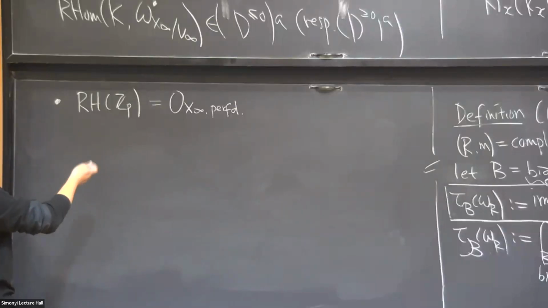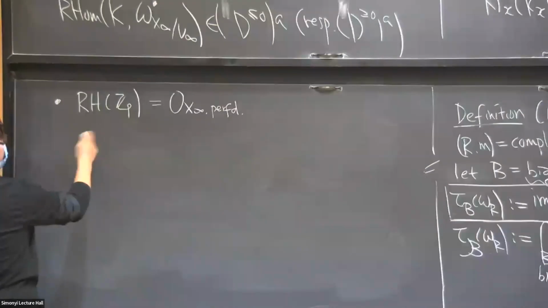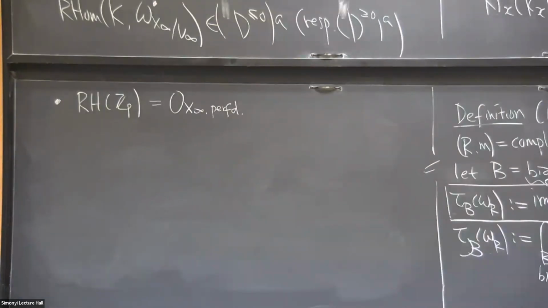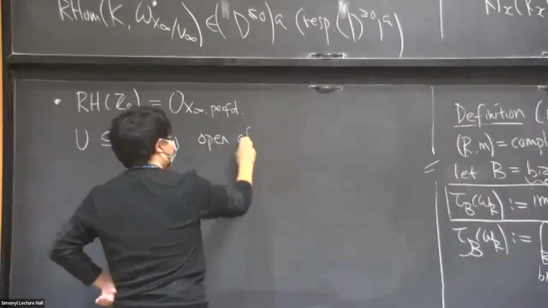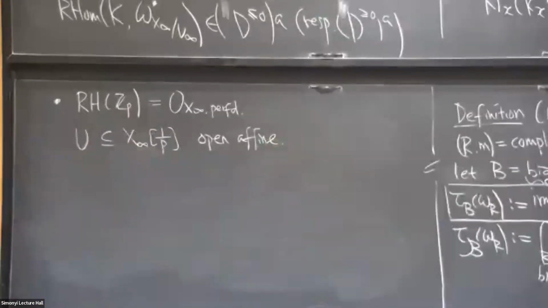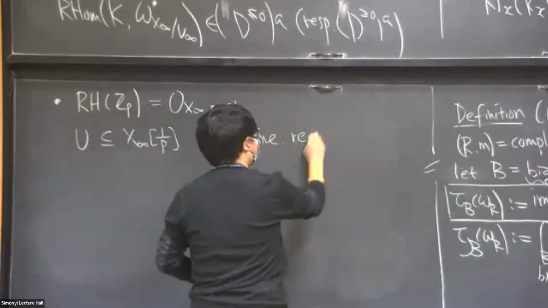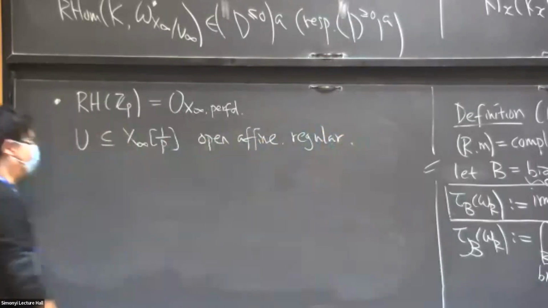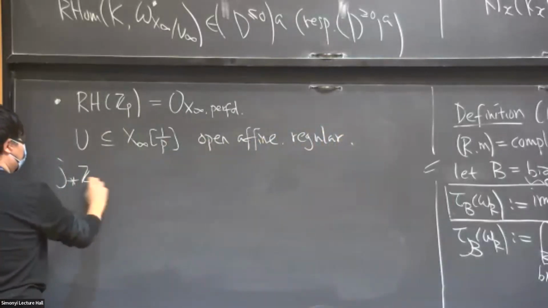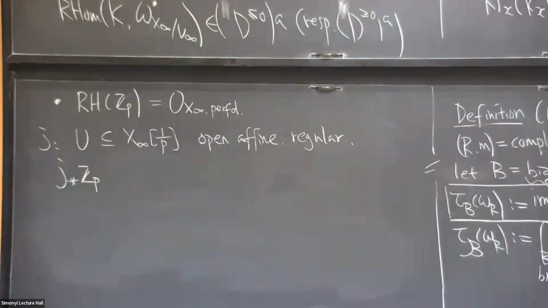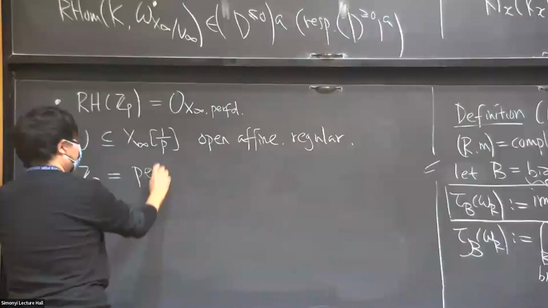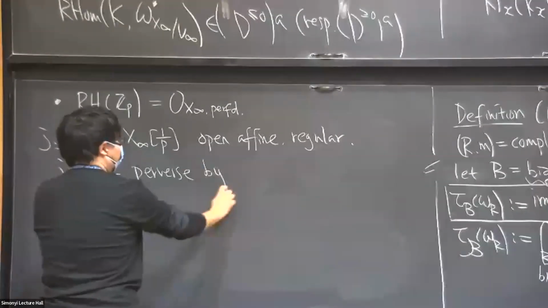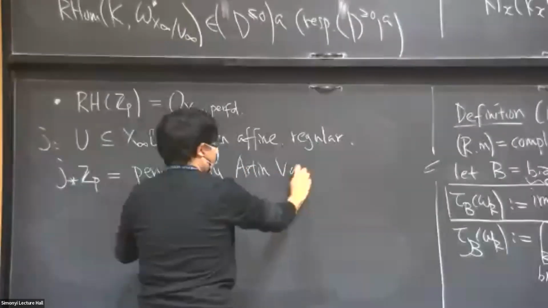The standard way to get perverse sheaves is that you take an open affine smooth U, and then you push forward the constant sheaf on U. This turns out to be perverse by a version of Artin vanishing, with Z_p coefficients.